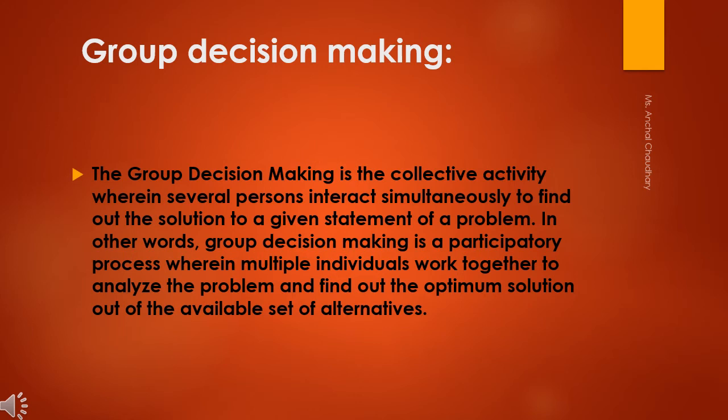As I told you, it's a collective activity, a group activity where you are taking decisions regarding a problem, where you are finding a solution to a problem collectively. Or you can say group decision making is a participatory process wherein multiple individuals work together to analyze the problem and find out the optimum solution out of the available set of alternatives.